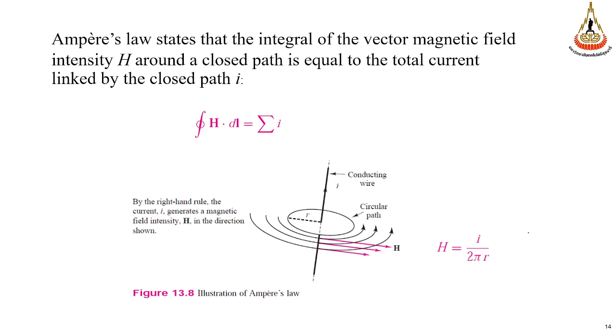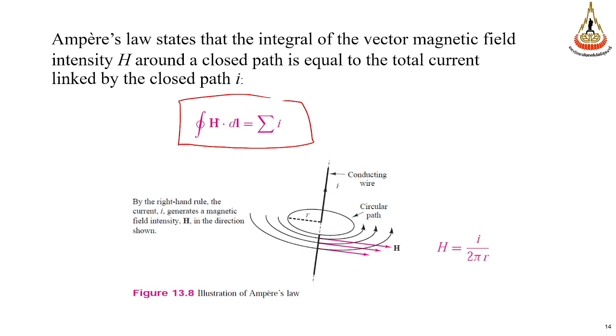Also, when we talk about Ampere's law, the magnetic field intensity is related to the current flowing in the conducting wire. The relation is that the closed path integral of H dl, over the length of the path, is equal to the total current in that closed loop path.